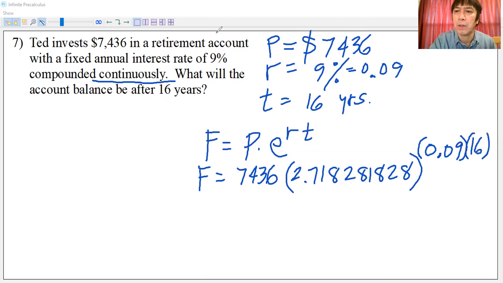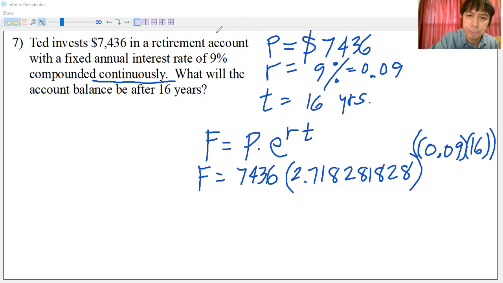That will be one piece over there, and then the rest, you can use your calculator. So this will be 7436 times the quantity E raised to 0.09 times 16. And that's it.